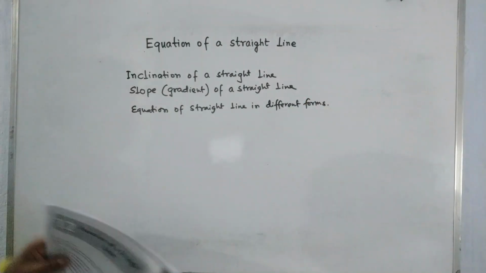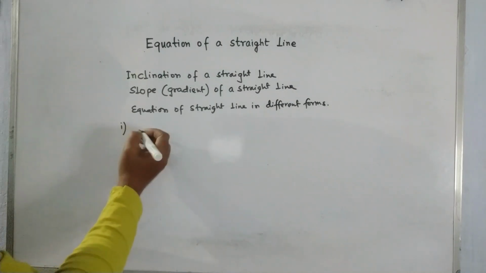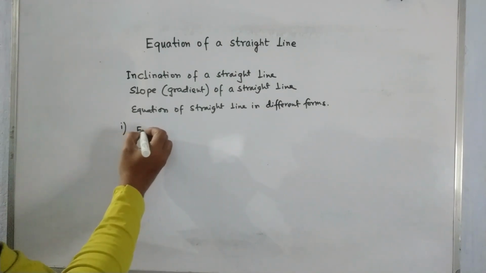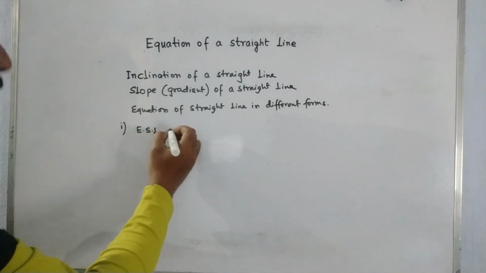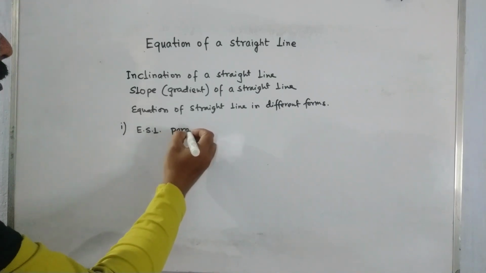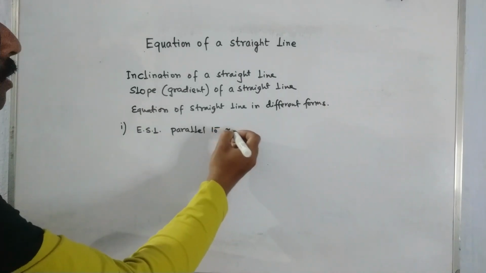In different forms. What are the forms? Number one, equation of straight line parallel to x-axis.